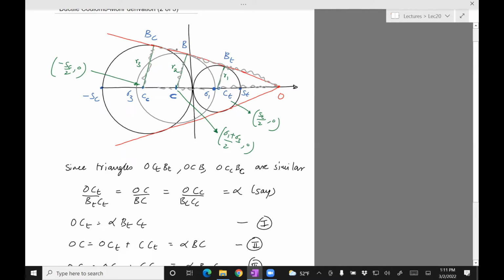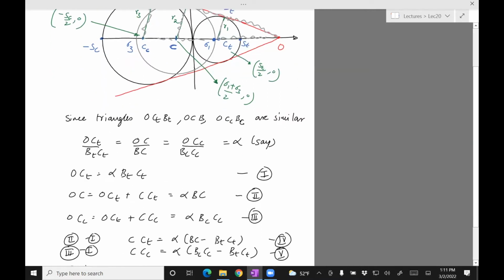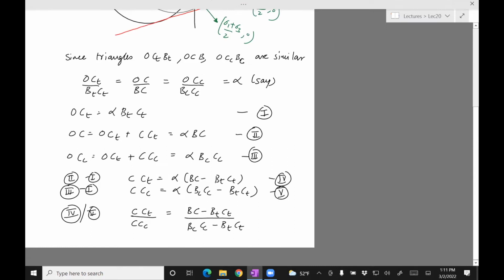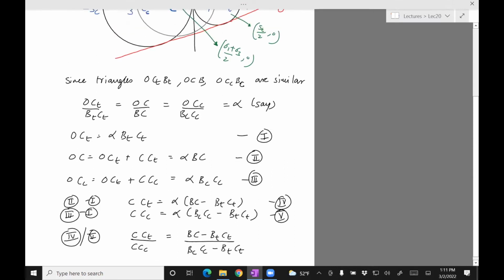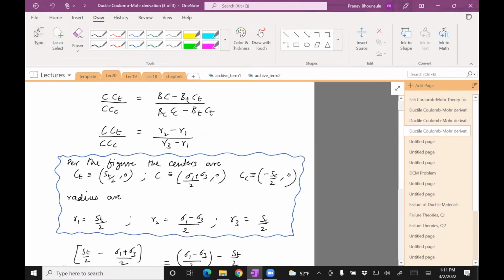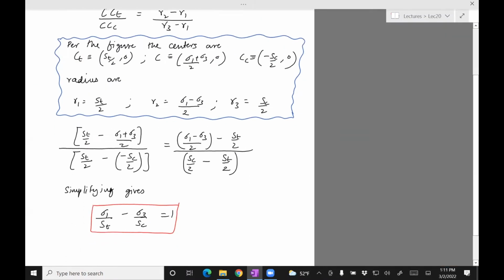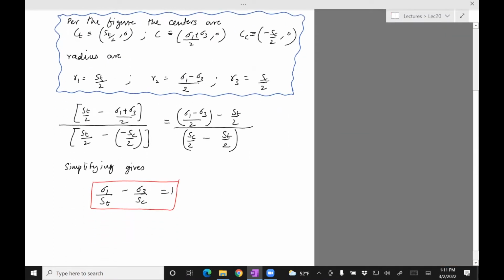Once triangles are similar, you can take the ratios of their similar sides, and then you can use that ratio to compute an expression for those envelopes. So that derivation is here. I don't want to spend time going over this. But what comes out of that whole derivation is this equation. It's very simple.